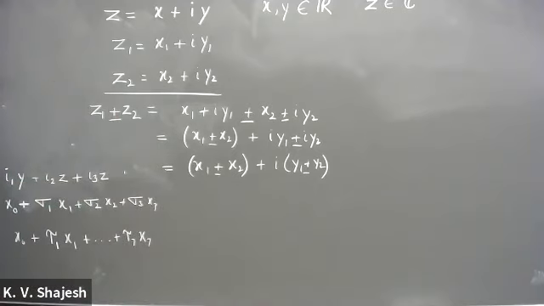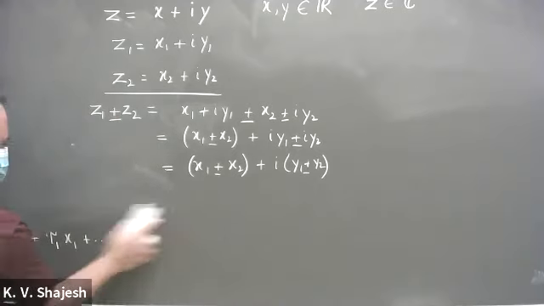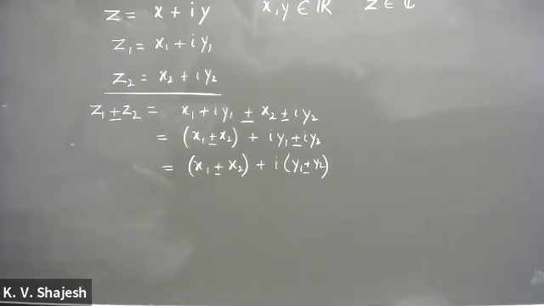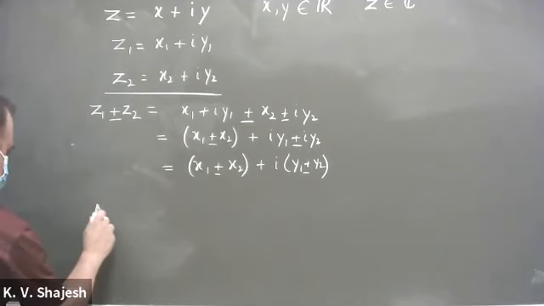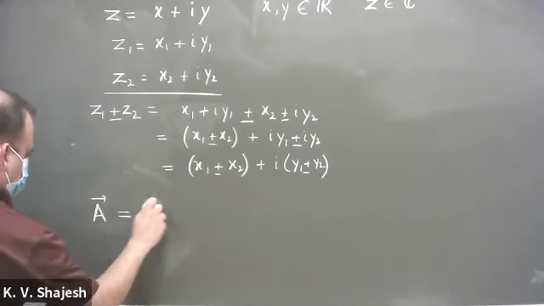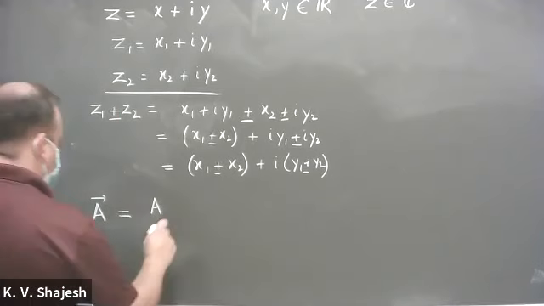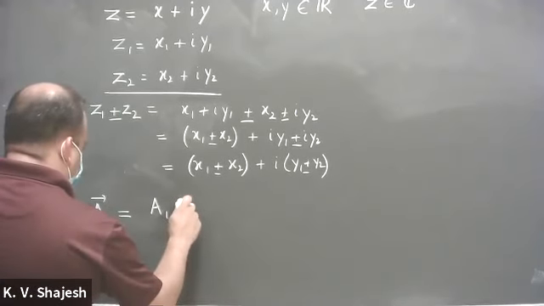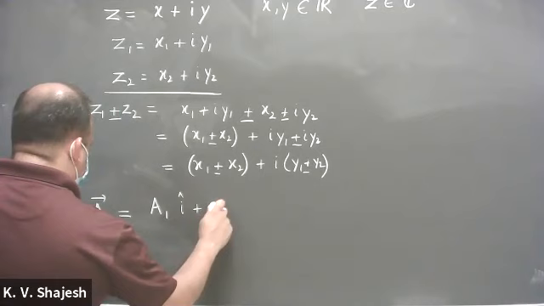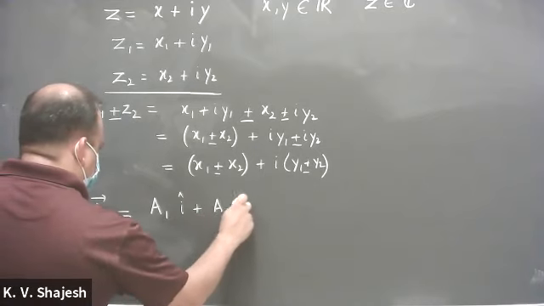And if you compare this with vector addition. So if you have A plus B, A is, let's say, A1 i hat plus A2 j hat.